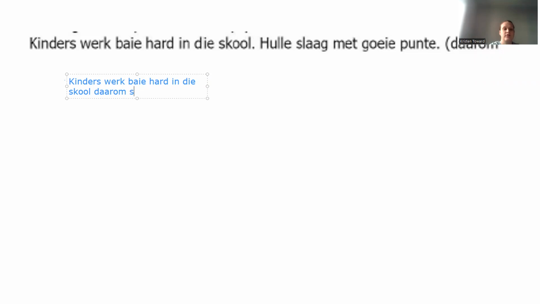Okay, so slaag is our verb 1. So slaag hulle met goeie punte. So once you know your rules for these sorts of questions, they become fairly easy, because it's a little formula you have. You write your first sentence, put your conjunction, you do whatever you need to do with your verb, and you just write the rest of the sentence as normal.